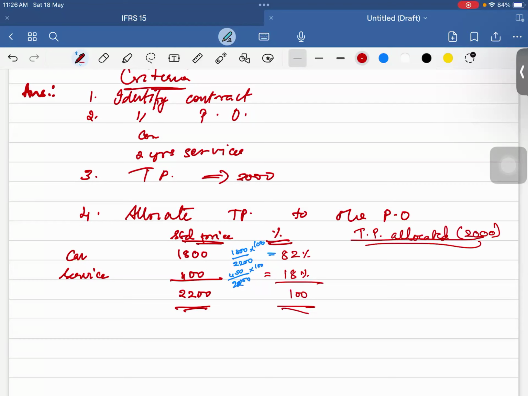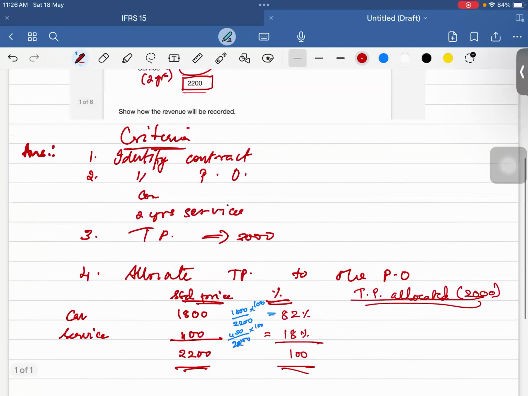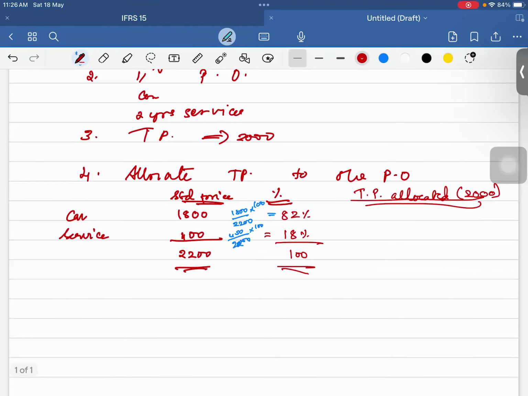So the first price is going to be 2000 into 82 percent. If you do 2000 into 0.82, you get 1640. And you get the rest, 360, as the service price, and together it would come to 2000. Now you must understand this 360 is not given in 1 year. This 360 is divided into 2 and given each year. That is 180 per year.